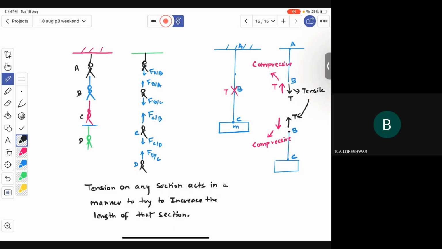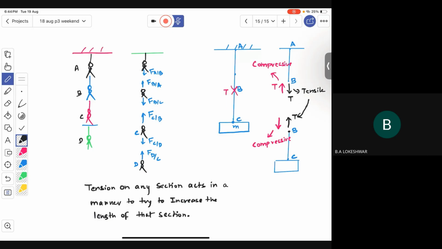I hope this point is clear. One more thing I'll talk about on the next page.